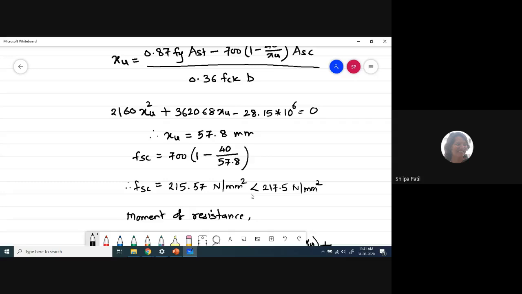If it is greater than 0.87 FY, we take its value equal to 0.87 FY and use that value for further calculation. But if its value is coming less than 217, our initial assumption of 217 was wrong, and hence we needed to recalculate everything.